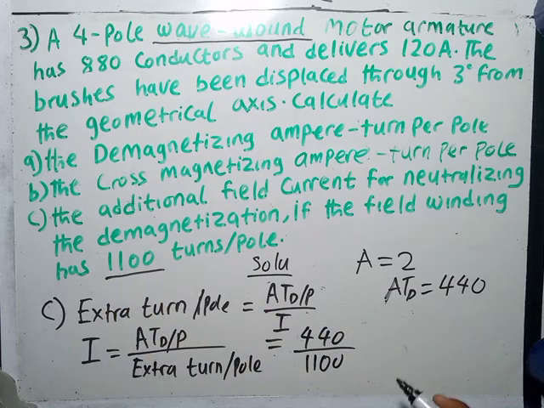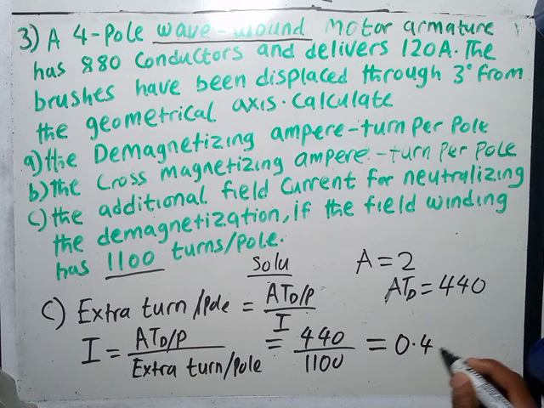This value is given to us here. Now inputting this in the calculator, we have our answer to be 0.4 ampere, because this is current.